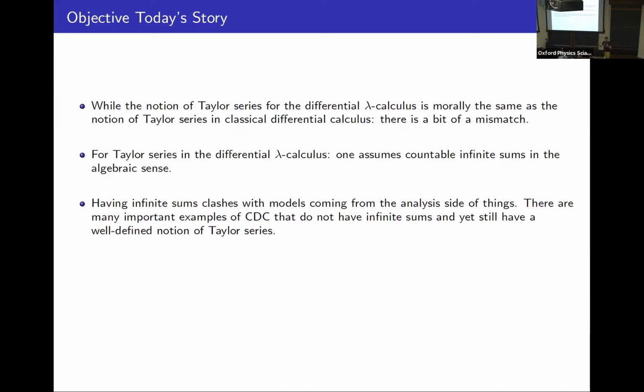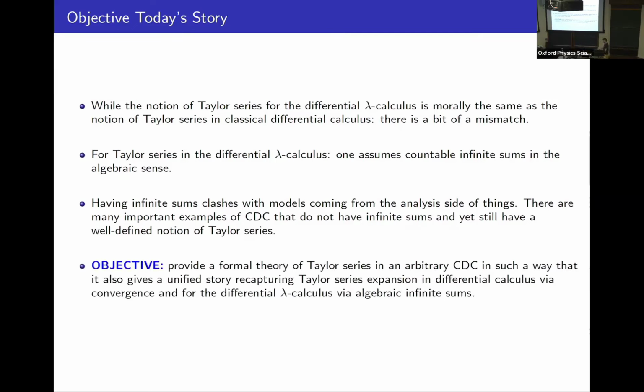It's not that you always have infinite sums, it's that there's a metric that makes that sum converge, that makes it well-defined. And because of that, there are some important examples of Cartesian differential categories that don't have algebraic infinite sums like you do for the differential lambda calculus, but still have a well-defined notion of Taylor series convergence.